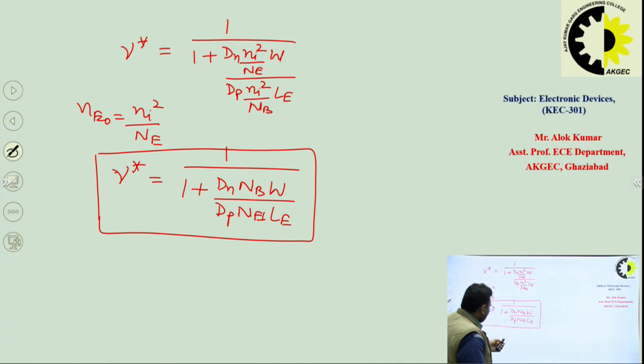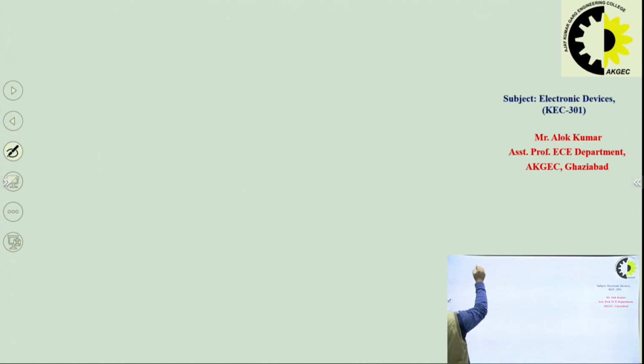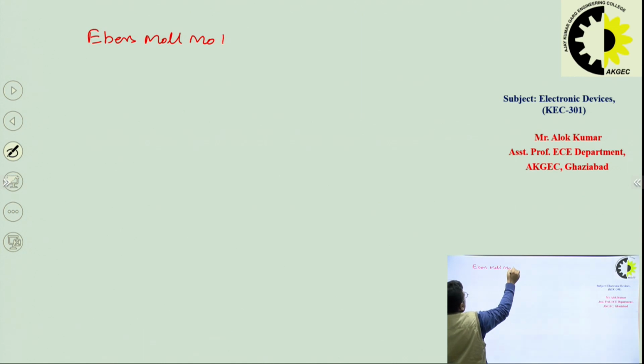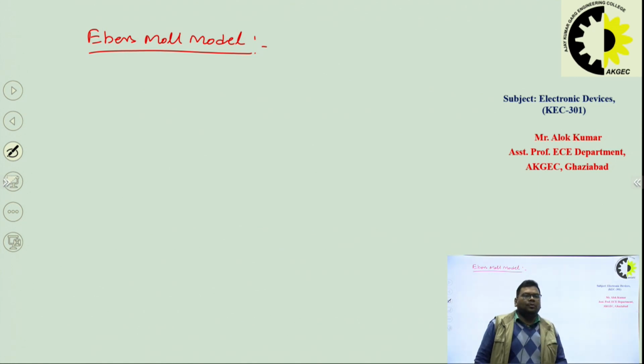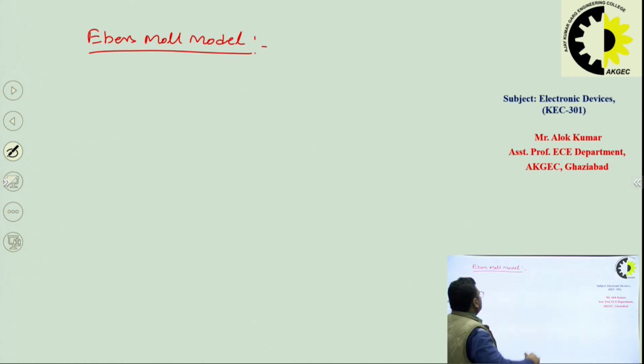Okay. Now come to our main topic, the Ebers Moll model. In the Ebers Moll model, we will try to make a BJT from two back-to-back connected diodes, right?